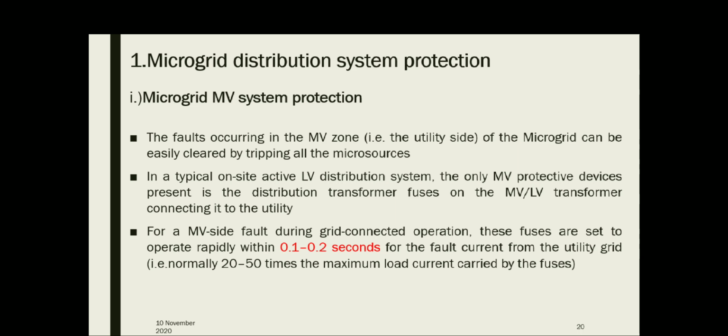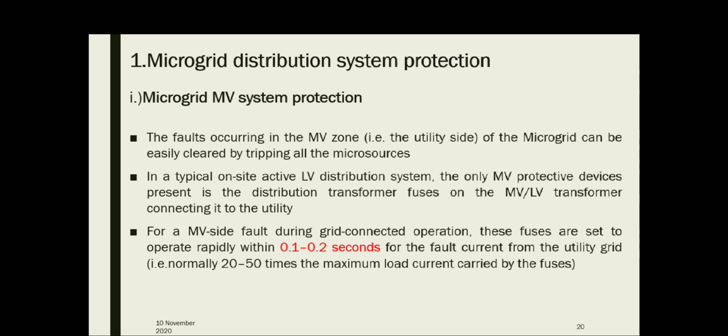For a medium voltage side fault during grid connected operation, these fuses are typically set to operate very fast, within 0.1 to 0.2 second, for the available fault current from the utility grid, normally 20 to 50 times the maximum load current carried by the fuses.